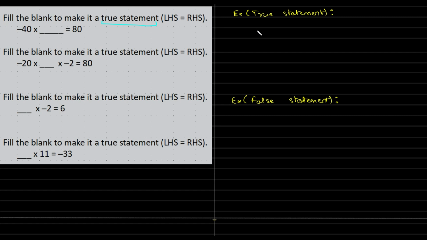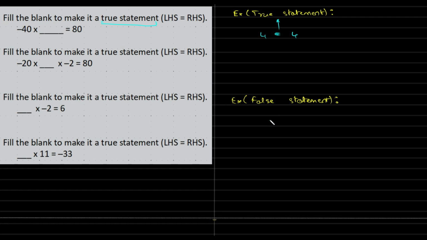See, whenever you have come across an equation wherein LHS is equal to RHS numerically, okay, maybe not equal to, but the statement, as of now we'll just keep to equals to. In 11th grade you'll see a true statement can also be something else, but let's stick to equals to. So this is an example of a true statement.